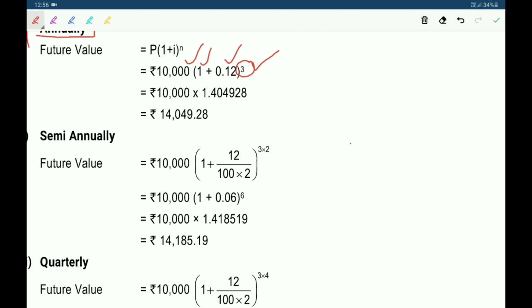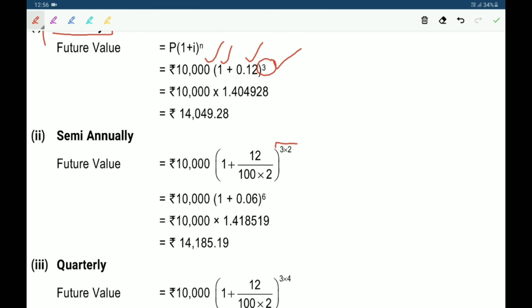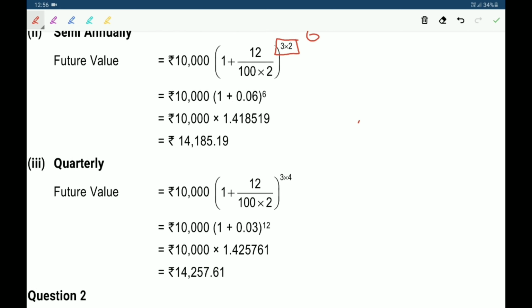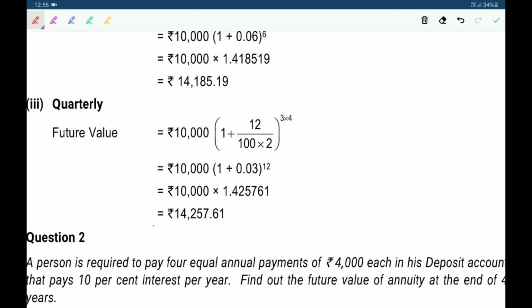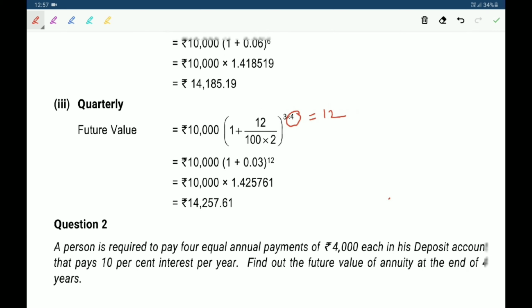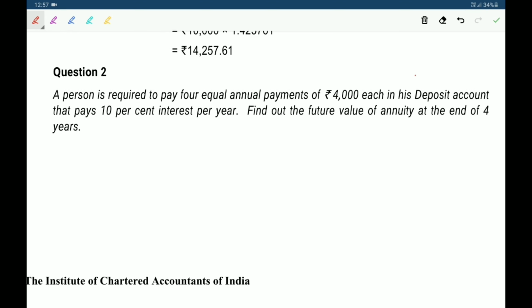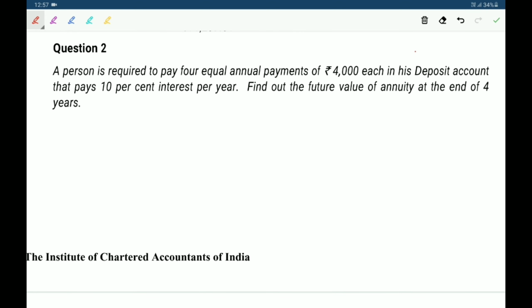Here semi-annually, that means 6. Quarterly, that means 4 into 3, 12. Okay, it's a normal and simple problem. This is the revision class, that's why.